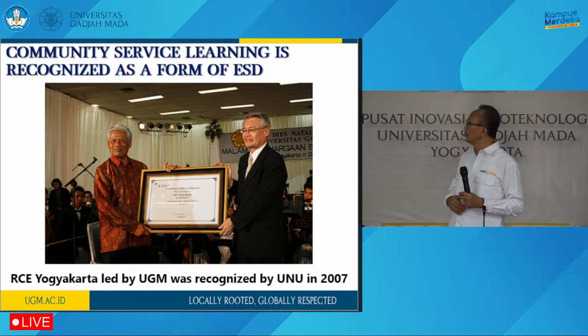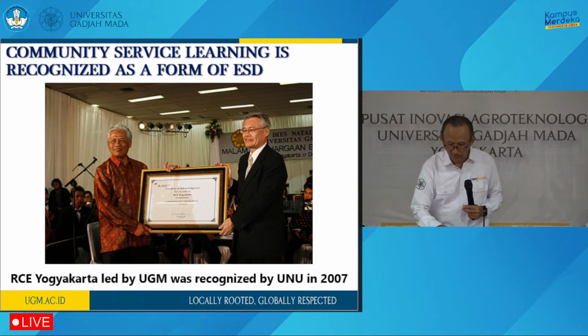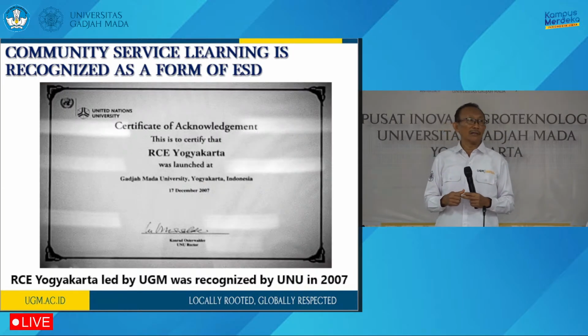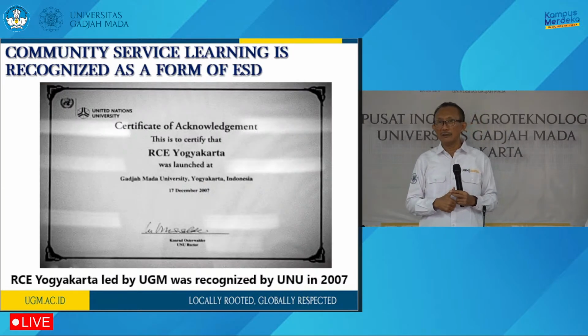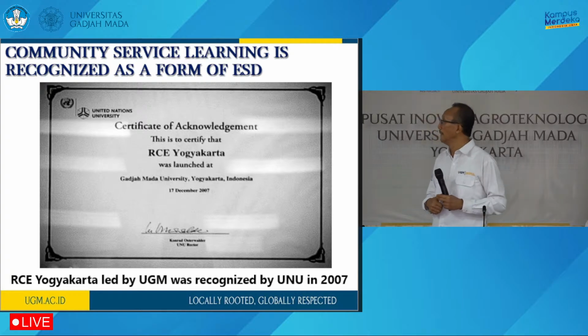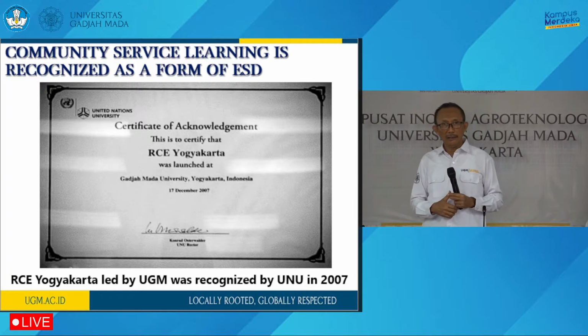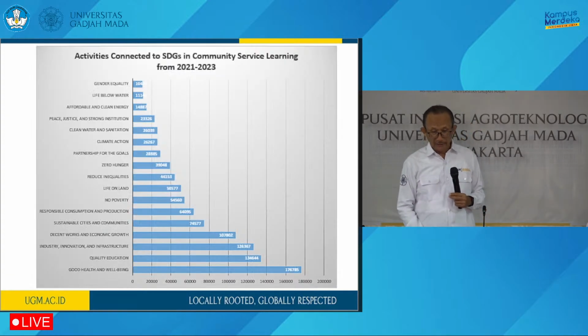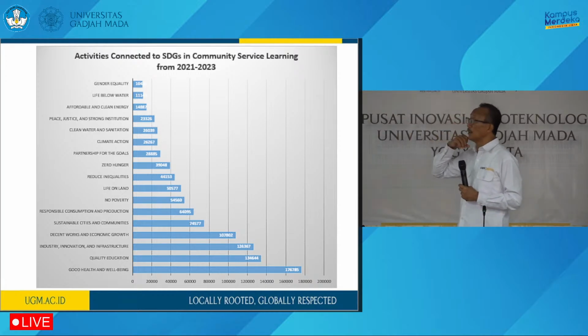And in 2007, we were granted a certificate of acknowledgement that Universitas Gadjah Mada, with student community service learning, is a center for education for sustainable development. And this is from 2021, starting from 3 years ago when we collected the data.